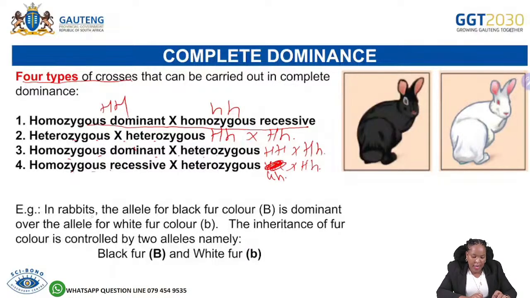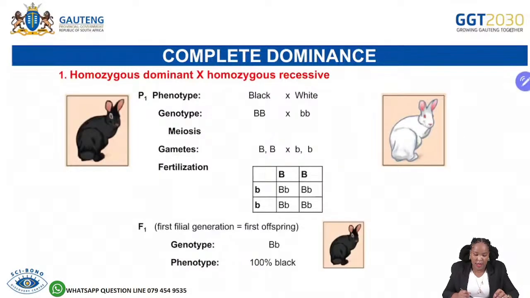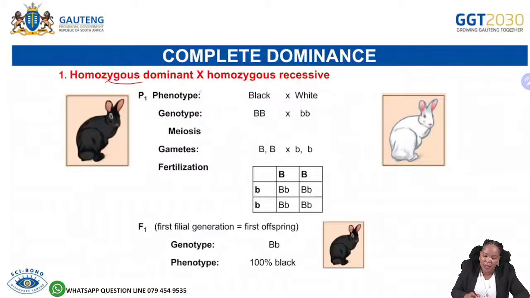In rabbits, the allele for black fur color, B, is dominant over the allele for white fur color. The inheritance of fur color is controlled by two alleles, black and white. So white is recessive and black is dominant. In the first scenario, homozygous dominant crossed with homozygous recessive, all offspring are going to be 100% black, because the big letter B is dominant.